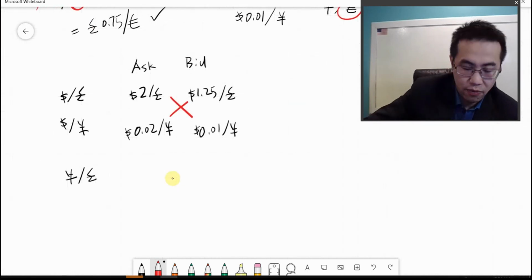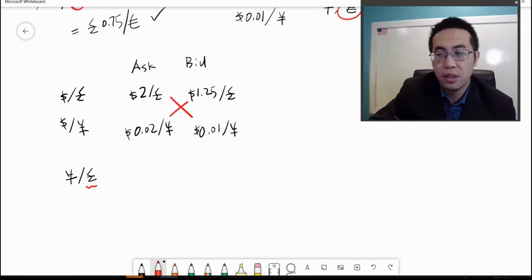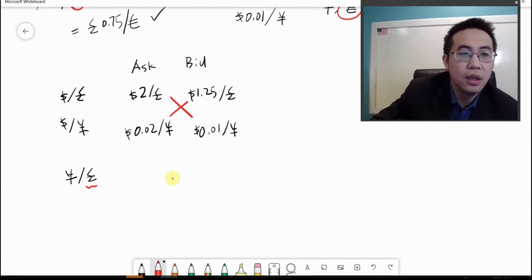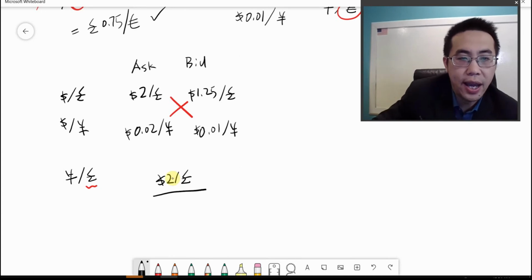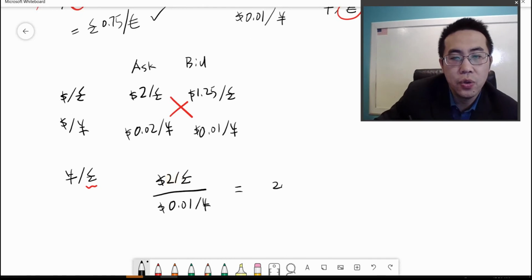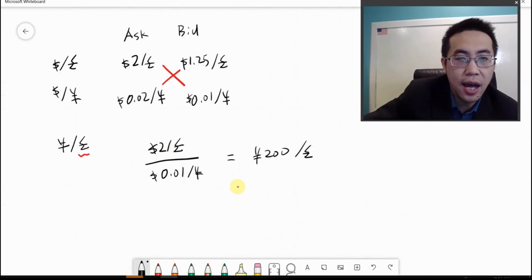Likewise, if we have the pound on the right of the symbol, then we should place the pound price on the top of the fractional line. So you will have $2 per pound on the top. By doing a diagonal combination, it will be divided by $0.01 per yen, and this would give you 200 yen per pound.